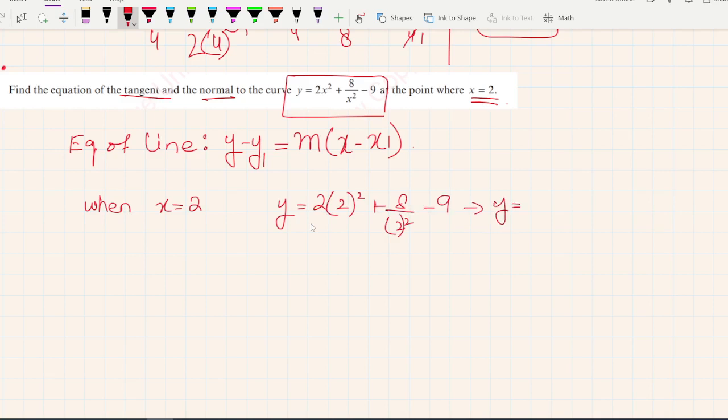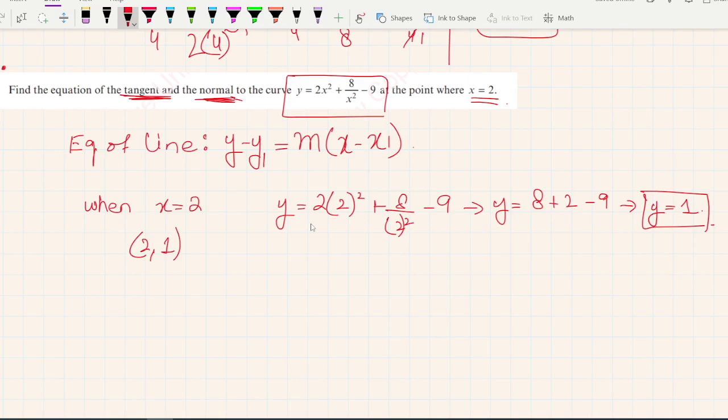So y would be 8 plus 2 minus 9. So this gives me y equals to 1. So the point at which we have to find the equation of tangent and equation of normal is (2, 1).